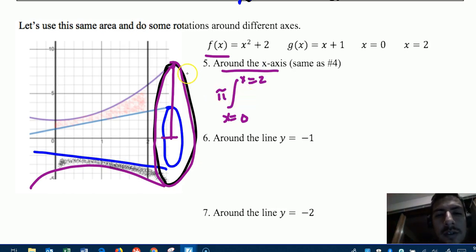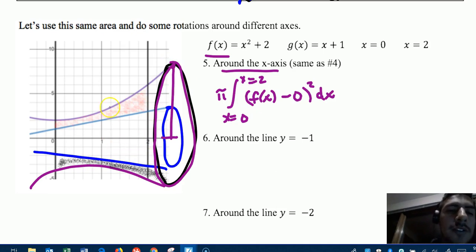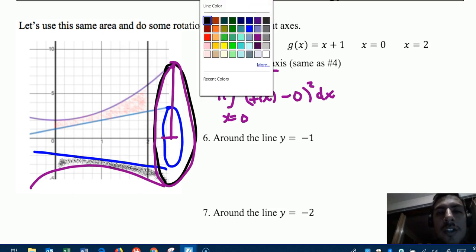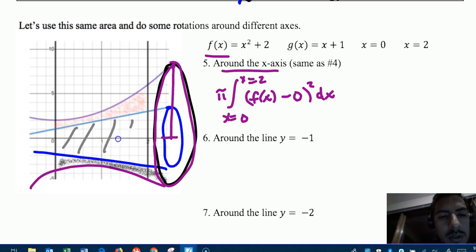The integrand will be f of x, x squared plus 2, minus 0, and we'll square it. Now that would get the full amount of area everywhere inside. But because there's that hollow part, and that hollow part is going to be this part here. This is all hollow.